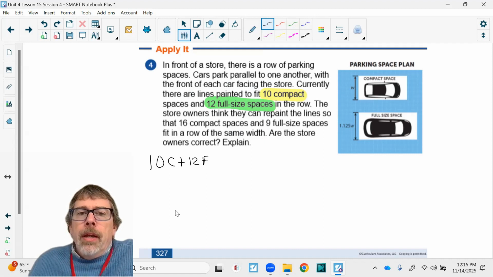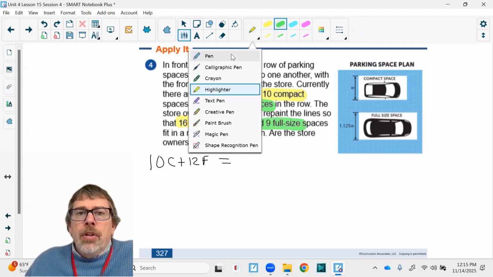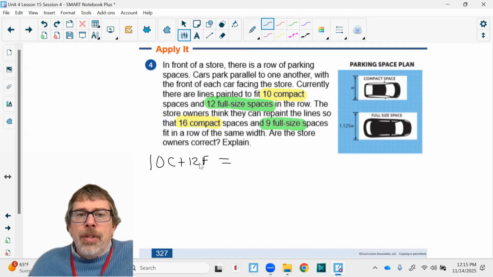Okay, and that has to equal, they want to change it and see if they can repaint this so that we have 16 compact and 9 full-size spaces. So the question is, is 10C plus 12F equivalent to 16C plus 9F?